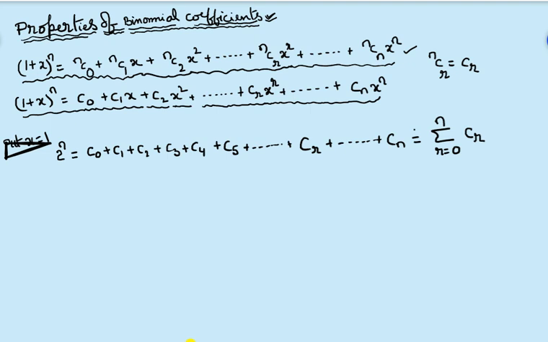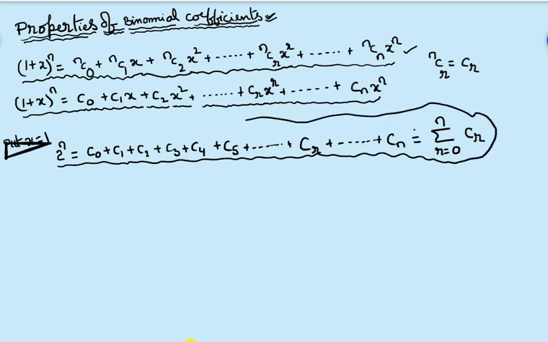So the sum of the binomial coefficients is equal to 2^n. We can say this is the first property of the binomial coefficients.